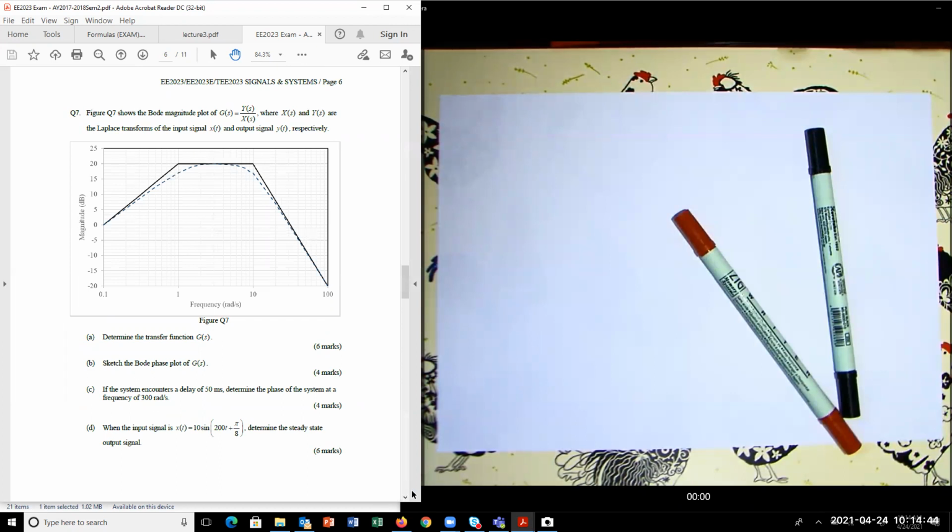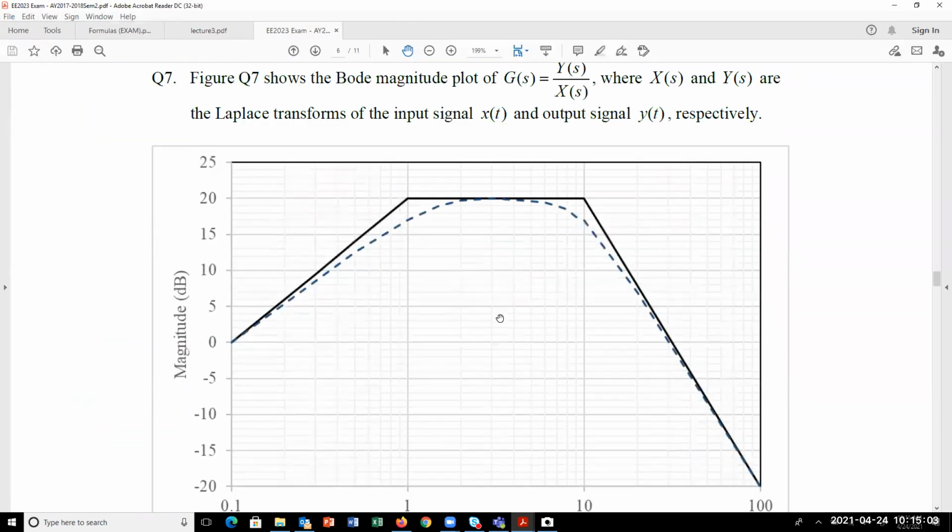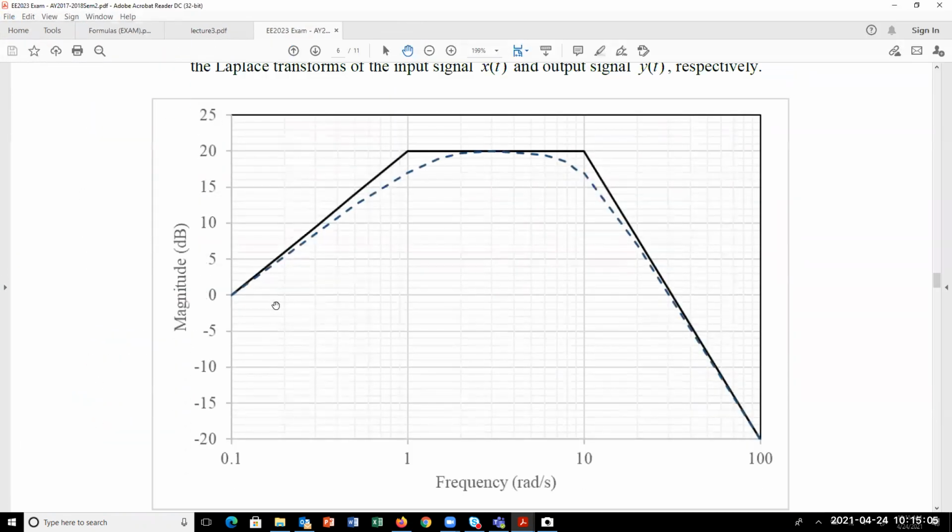I want to check part B's both phase plot graph. Okay, so if you look at this question, let me expand it now. As we scan from left to right, the first subsystem is a differentiator, as you can see here.